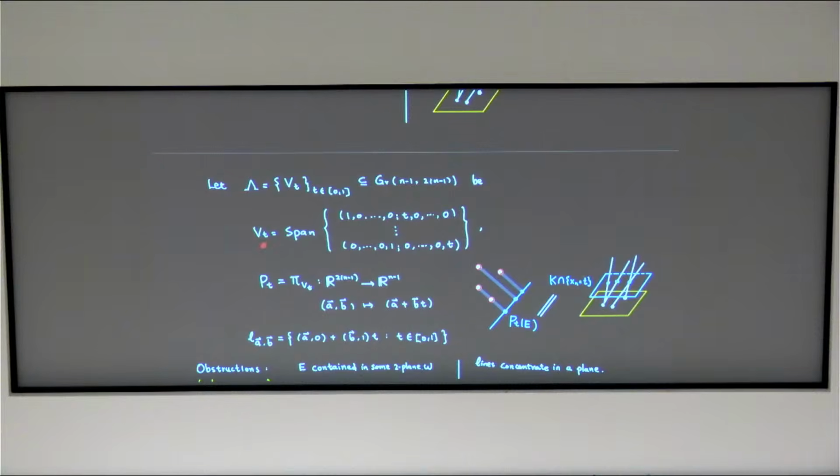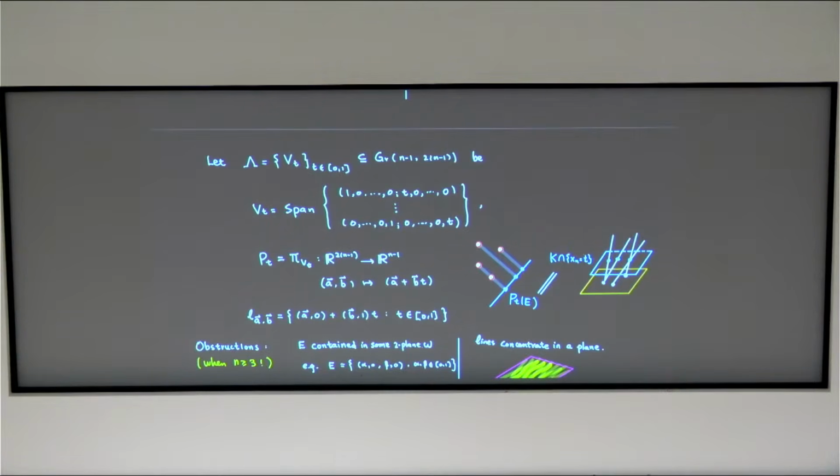It is just Vt, the span of 1, 0, 0, 0, t, 0, 0, and then we move the 1 right and t to the right. This is not that important. The projection PT is defined as follows. It's very easy to describe. It's just A comma B maps to A plus B times t. So this is the restricted projection.